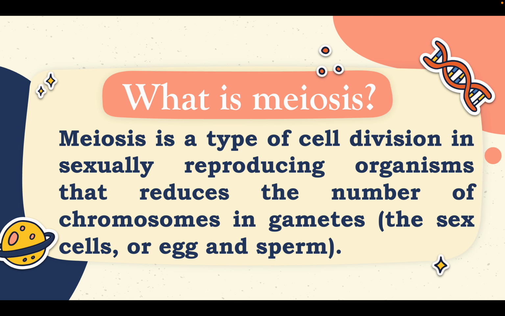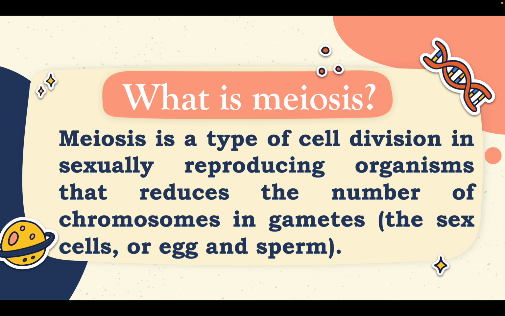Meiosis takes a cell with a full set of chromosomes, two sets, one from the mother and one from the father, and it divides into 4, not 2 but 4 cells, each with only one set of chromosomes.